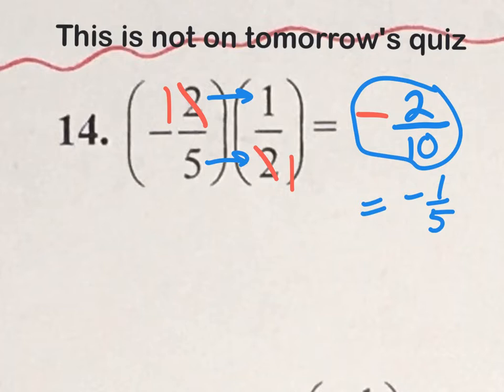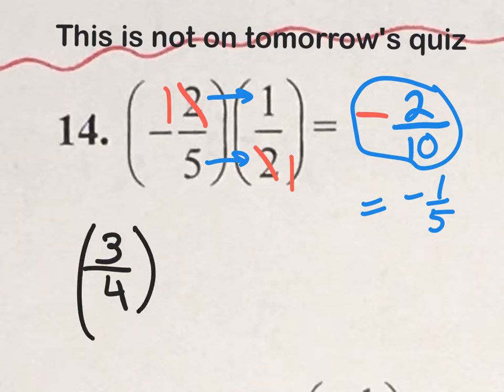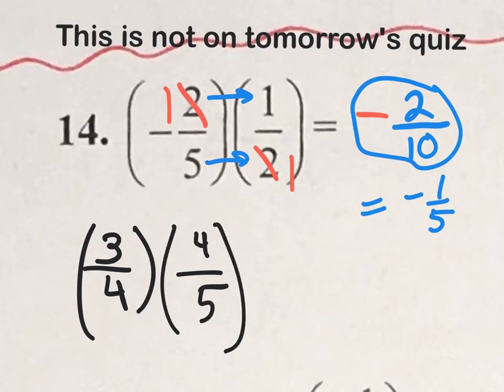Okay. So you don't have to cancel, but whenever you do have, like let me do a random example here. Let's say 3/4 times, let's say 4/5. So 3/4 times 4/5. We do have a 4 up here and a 4 down here.